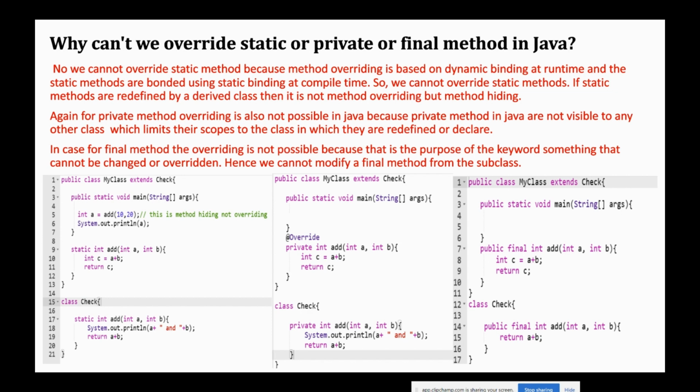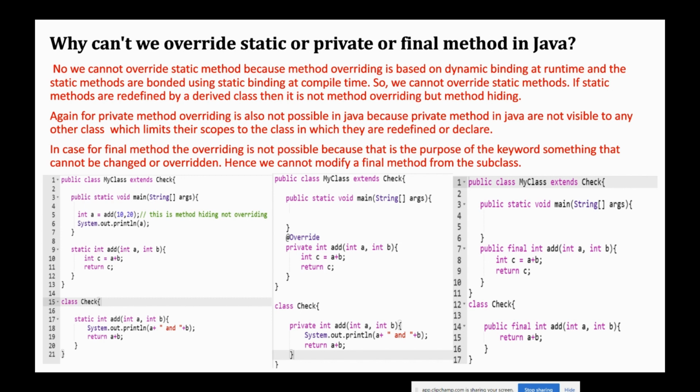Again, for private methods, overriding is not possible in Java because private methods are not visible to any other class, which limits their scope to the class in which they are declared. Once you declare something private, no other class can access those methods or instance variables.